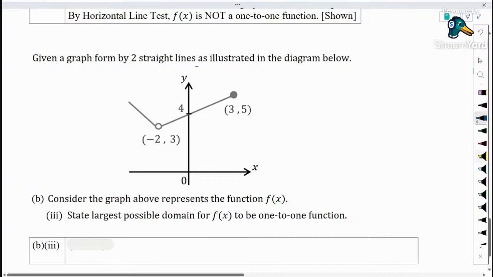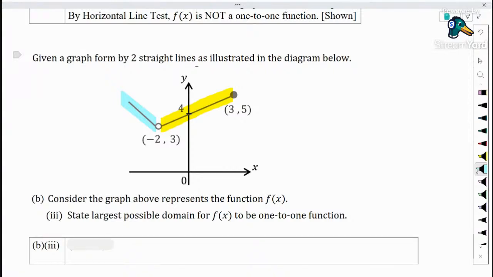The largest possible portions I can have so that it is one-to-one are either this part that I highlighted in yellow, or this part that I highlighted in blue. These are the two possible largest parts that we have for one-to-one.